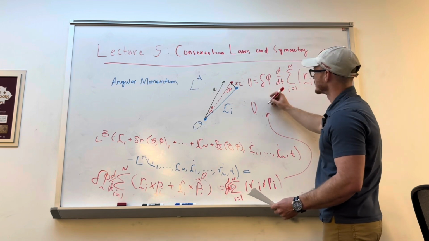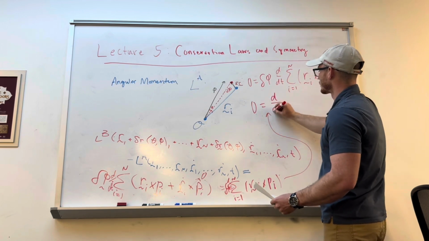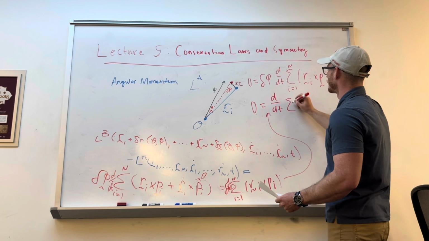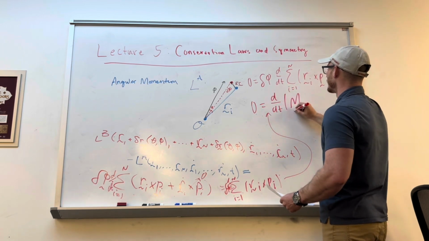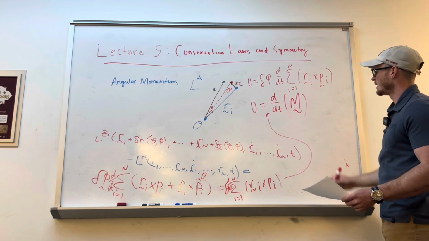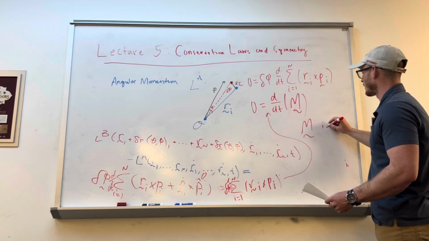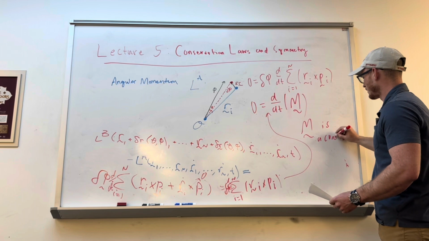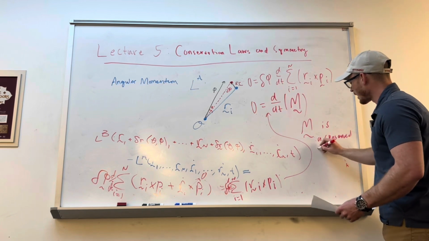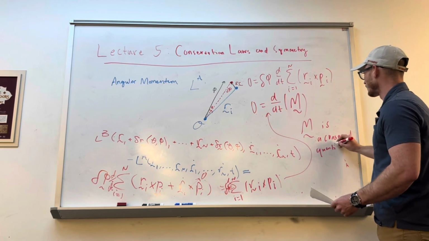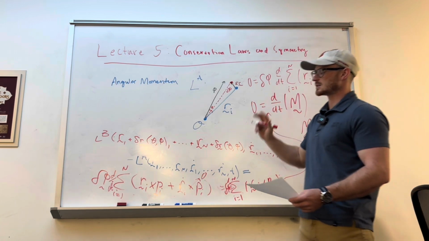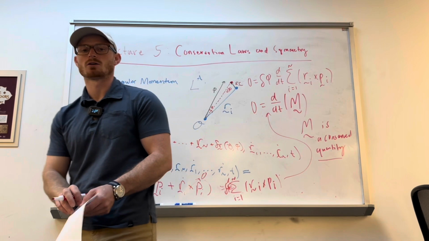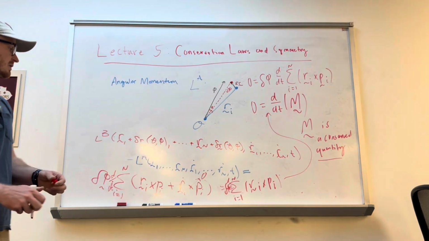It works for any delta phi, so 0 is equal to d dt of the total angular momentum M. And so we say M is a conserved quantity. So just not going through the math because it's very similar to the linear momentum case, except there's some trickiness in keeping track of all of the angular dependence of the system.